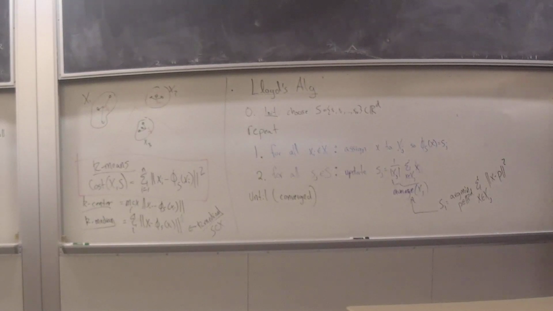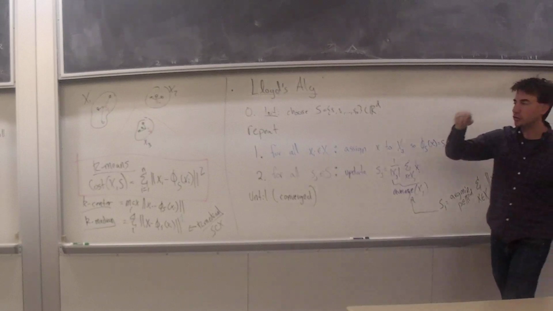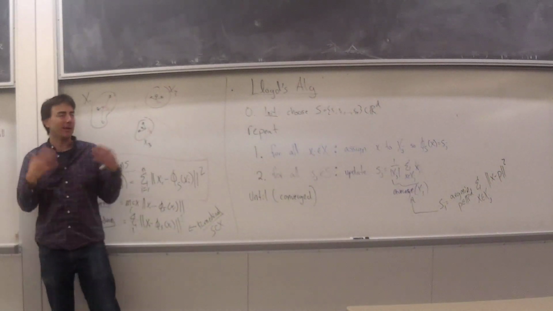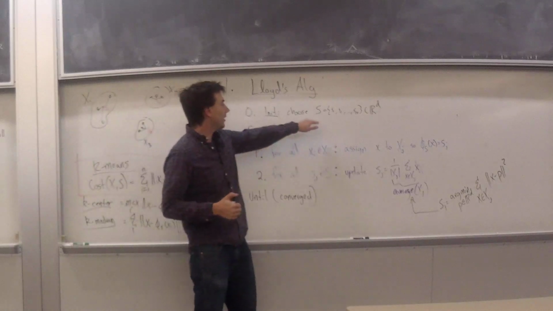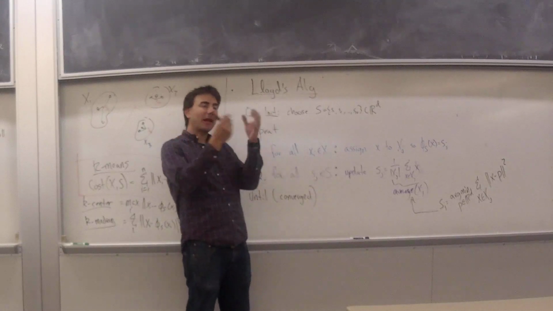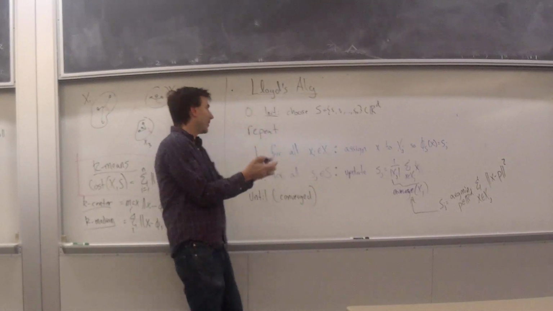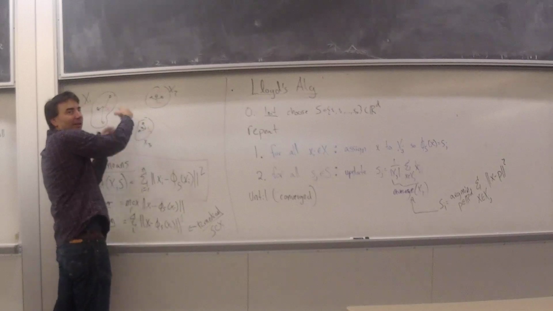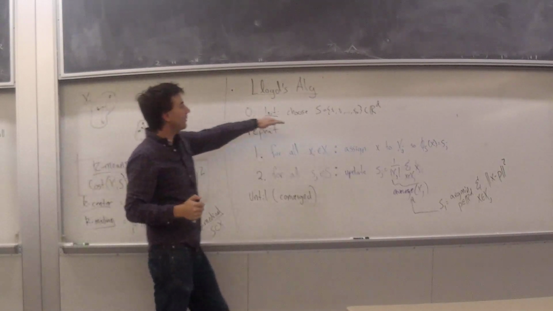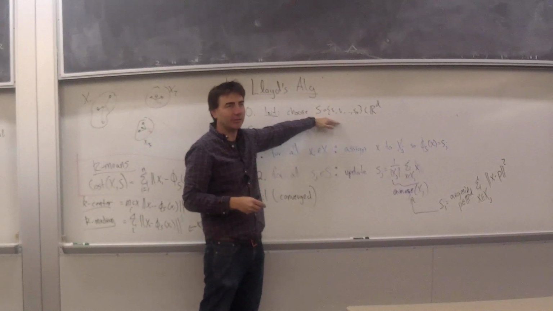A bad thing to do would be to start by choosing the subsets. If I choose the subsets at random, and then I do the centering step first, what's going to happen is, by concentration of measure, they're all going to be about the center of the data set, and it's not going to be a very good initialization. I'm better off choosing the centers intelligently first.